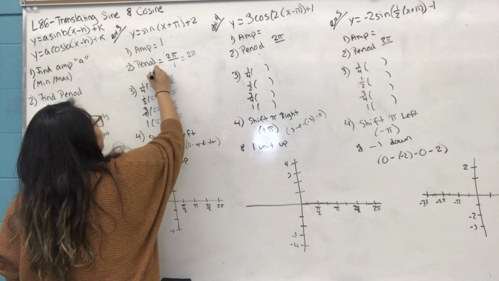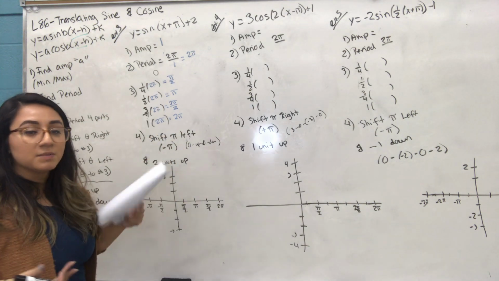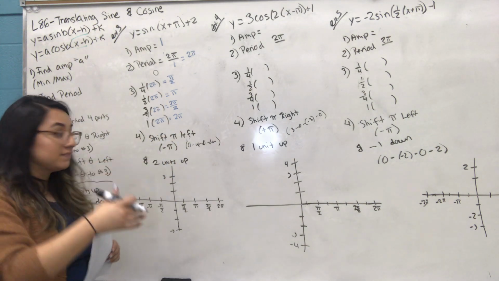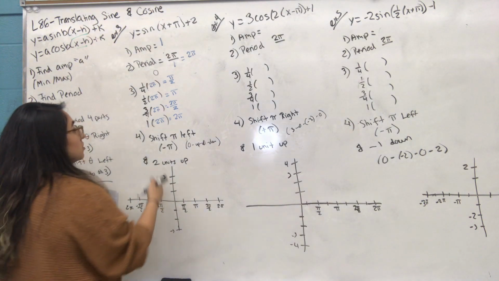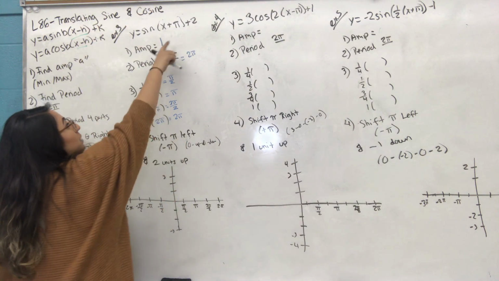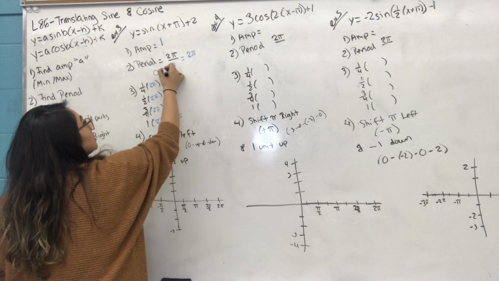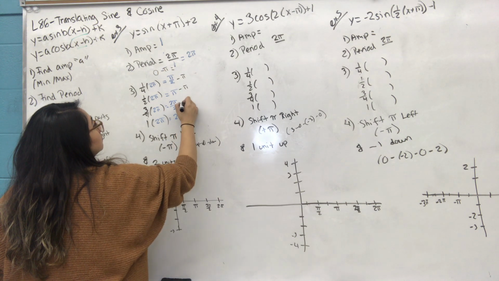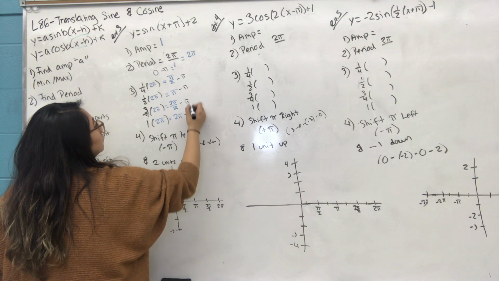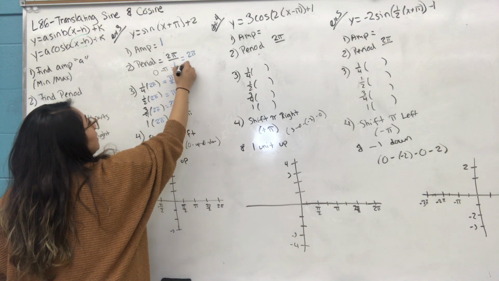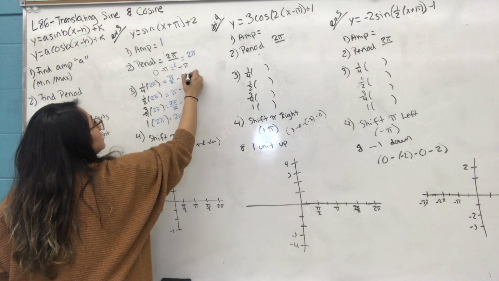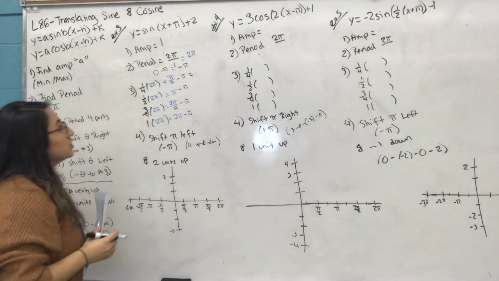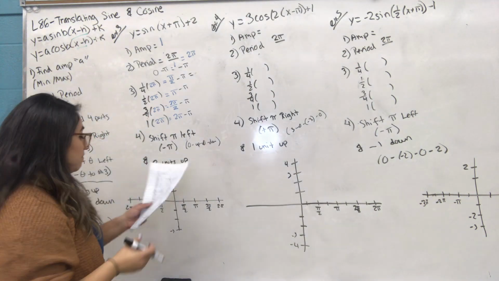So again, we always start at 0. I don't have the 0 there, but I'm going to put it there now just to show you. You always have that starting point, which is your origin. So here we're shifting π units to the left, so that means we are subtracting π from each one. So when you do that, 0 minus π, negative π. π over 2 minus π, or 1/2 minus 1.